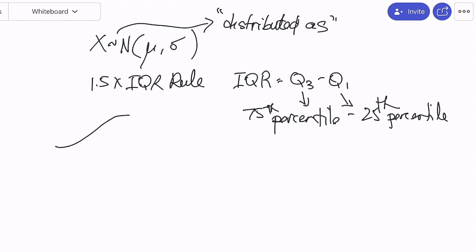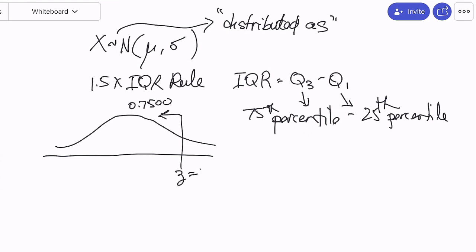So let's continue. So I want the 75th percentile and the 25th percentile. So let's just look at this. Where should I be so that 75% is to the left? That's what I have to get the 75th percentile. I need the position.